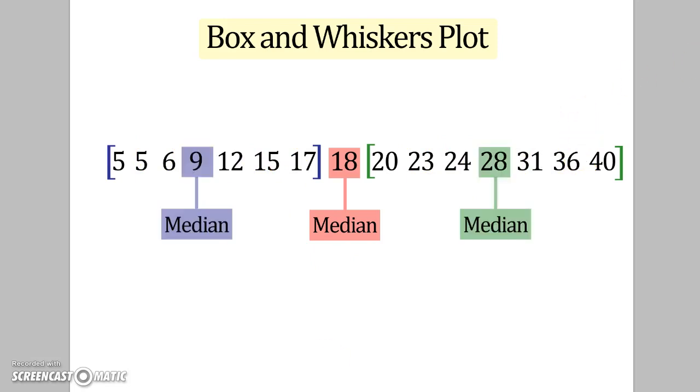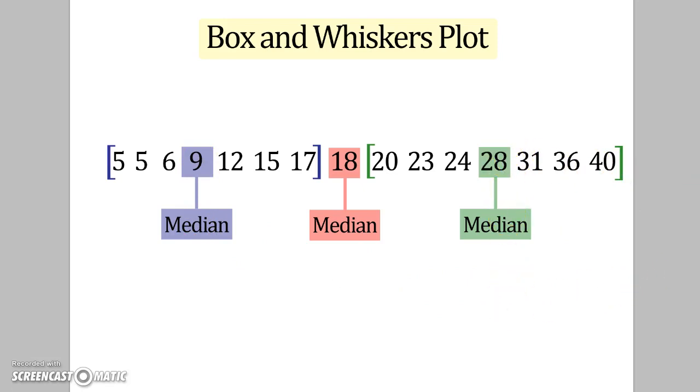All right, now that we've divided our data set into 2 separate sections, we can find the median value of the first 2 quartiles, or first section, and the last 2 quartiles. So on the left side of the scale, our median value is 9. And on the right side of the scale, our median value is 28.